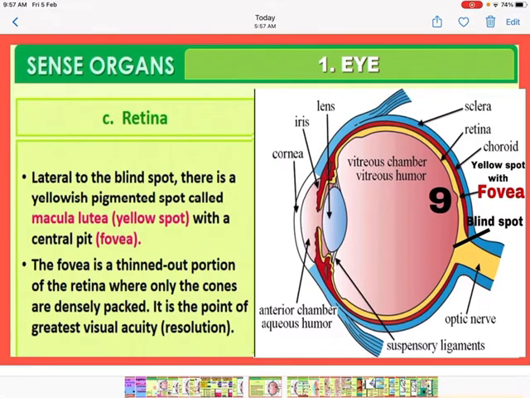It is labeling 9 in diagram. It is yellow spot with central pit called fovea. At fovea of retina, only cones are packed, and it is the point of greatest visual acuity or resolution or sharpness, and it is the point where center of the image falls.